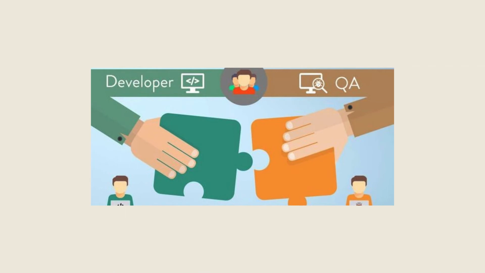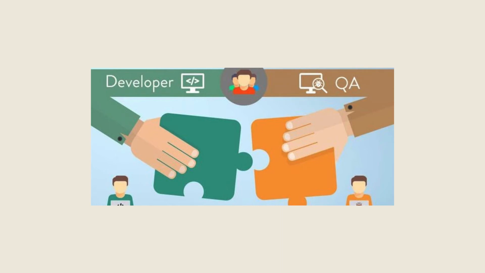Look here. Even their work is different by profession. Developers and QA complement each other's work, and they work together to get the job done, meaning to deliver the software products.